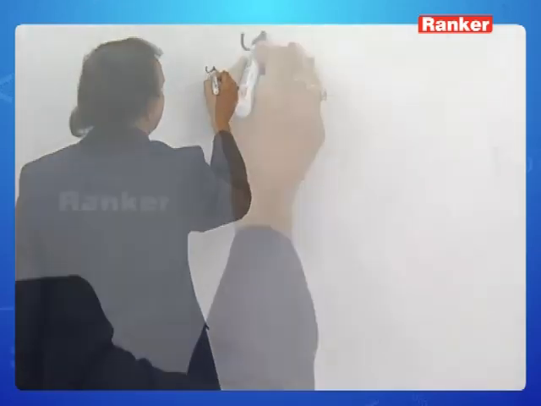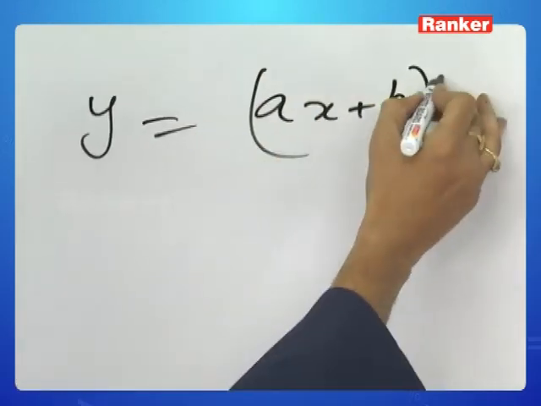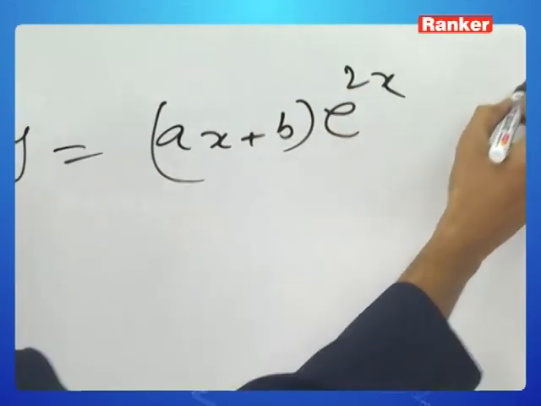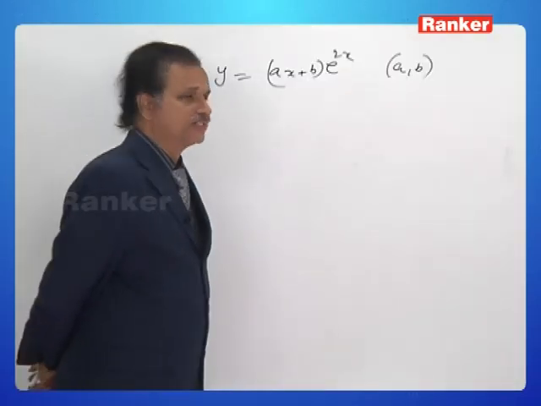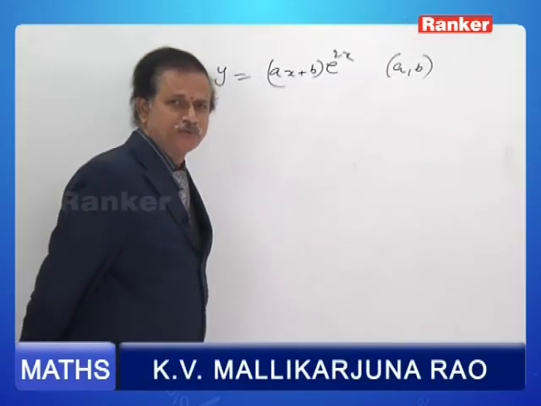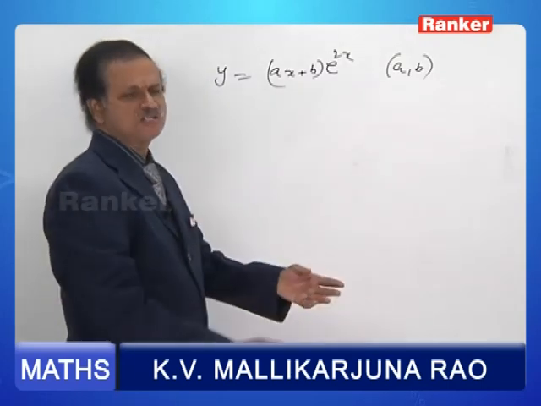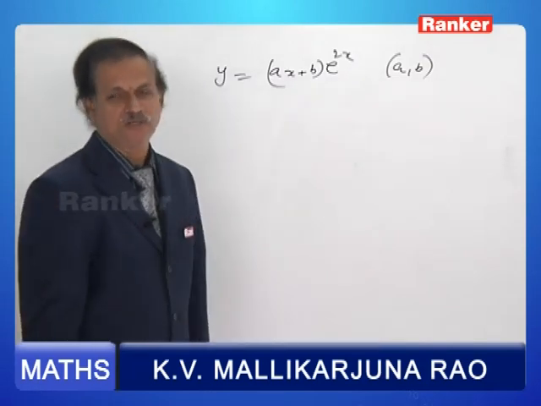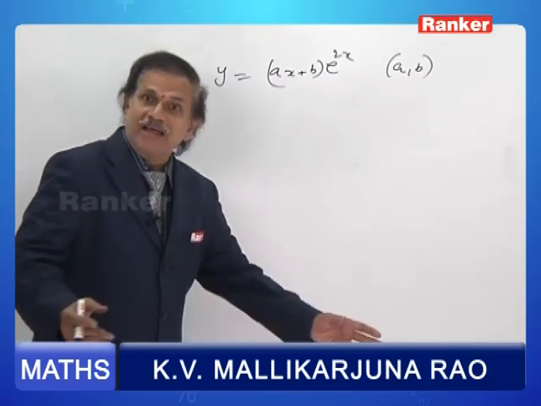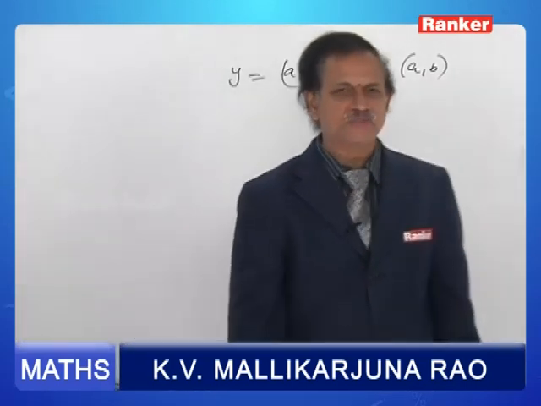Next one. Find the differential equation of the family of curves y is equal to ax plus b into e power 2x. Eliminate a and b. How many constants are there? 2 constants are there. How many times can you differentiate? 2 times. 2 or 3 steps will be obtained. Substitution, evaluation. Oh, there is a process of minimum 4 to 5 steps. You can avoid them also for this model.